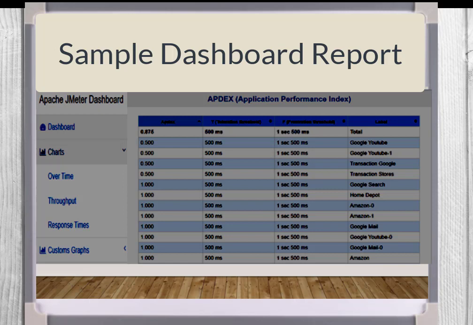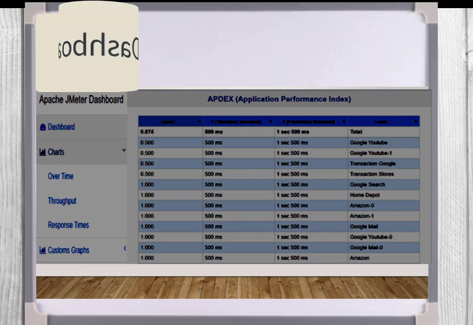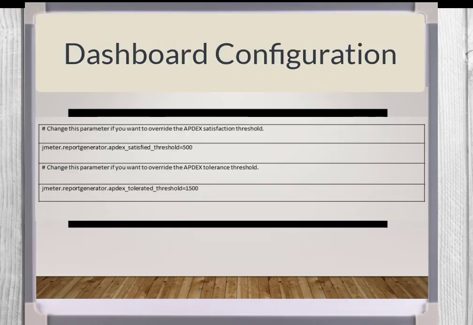Now for configuration. If you do not find the following statements in your JMeter bin user.properties file, then locate and open the report generator.properties file. Locate reporting configuration in the file.